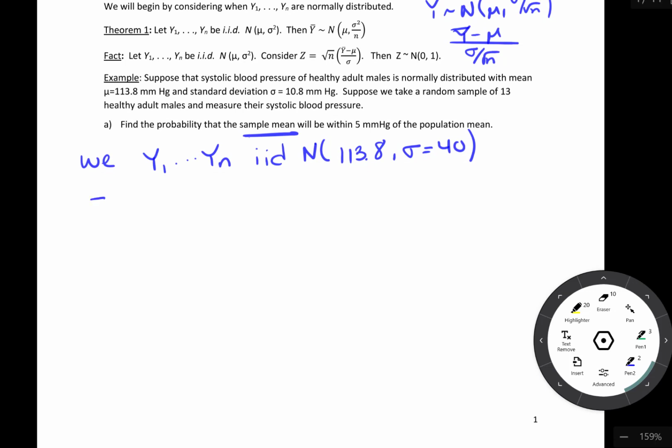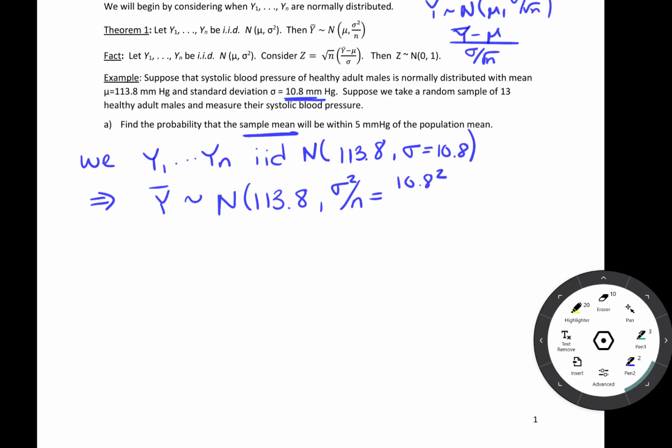Alright, so using that theorem we know the distribution of y bar, so notice that y bar is distributed normal with mean 113.8, and then if we wanted to write the variance of y bar, so in other words sigma squared divided by n, that would be equal to 10.8 squared divided by n, which in this case, notice we're taking a random sample of 13, so that is divided by 13.